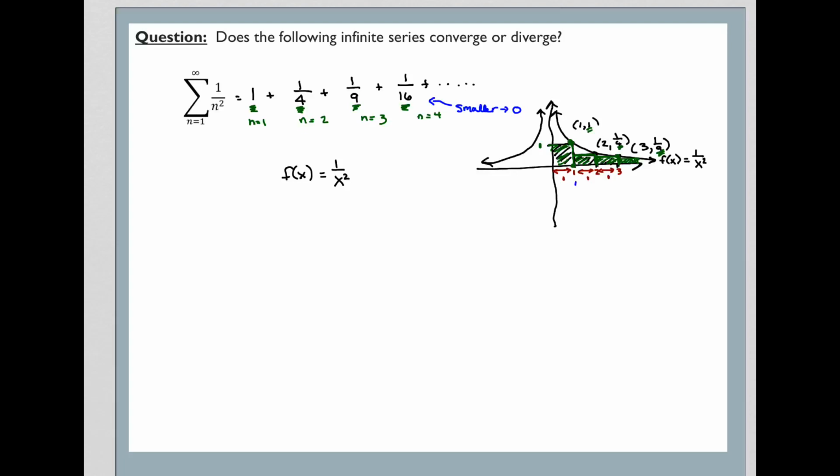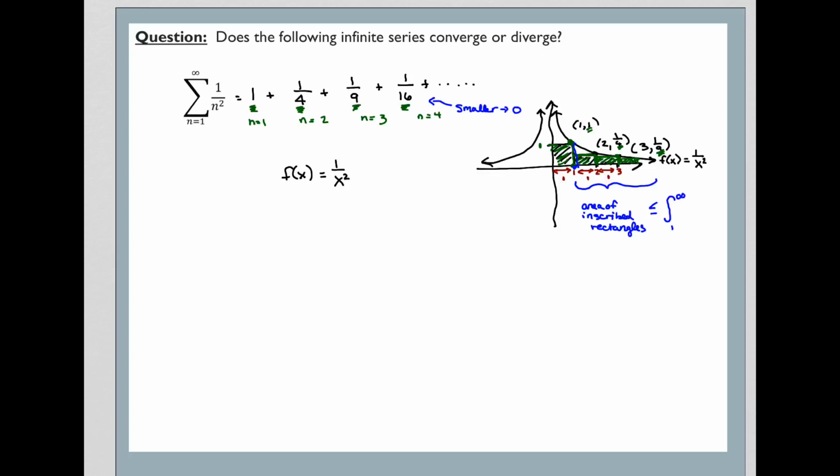If I was to take this spot here and look only from 1 to infinity, what could we say? We could say that the area of the inscribed rectangles from 1 to infinity is less than or equal to the area under that curve.